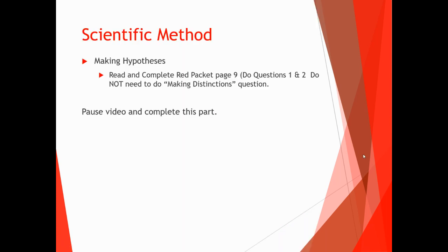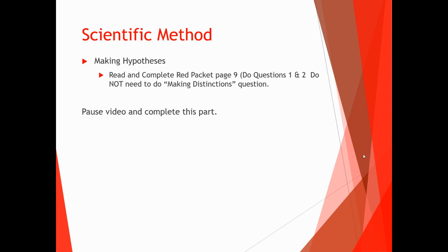So in your red packet, you have a page here that I'd like you to fill out. It is page 9. There are a couple of questions here with different parts. So you're going to want to read through the information there. You're going to do questions 1 and 2 and all of their parts.